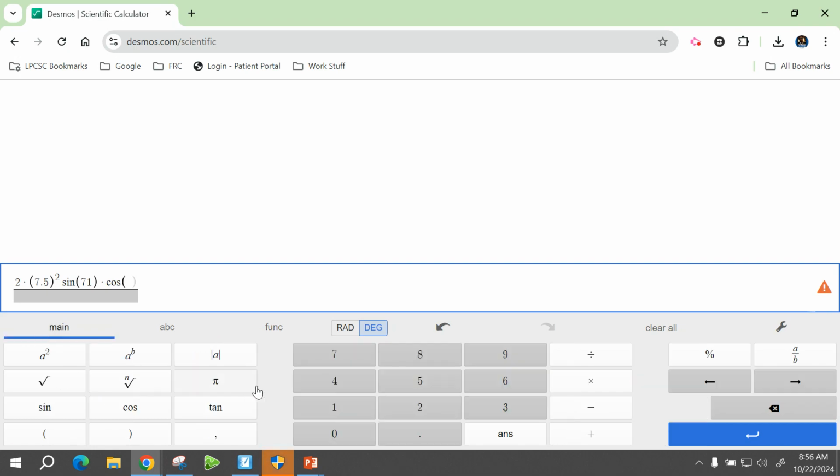Cosine of 71 degrees. I honestly can't remember if I'm supposed to put in a negative 9.8 or a positive 9.8. Let's just go ahead and put in negative 9.8 just for the fun of it. Nope, not supposed to put the negative in.